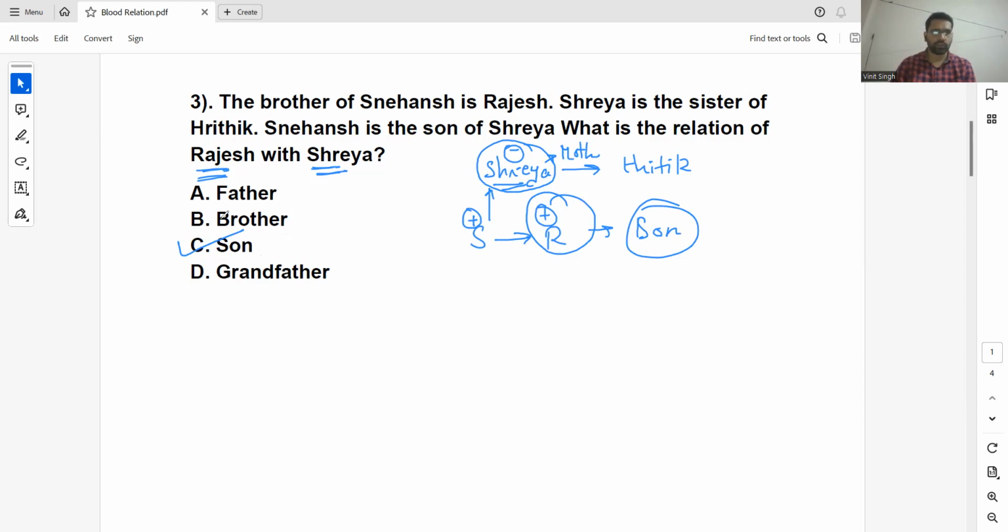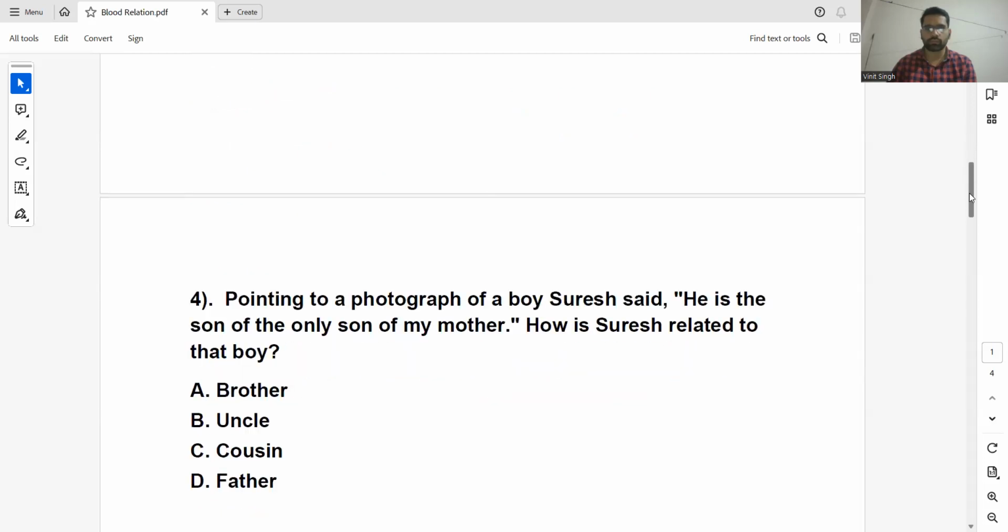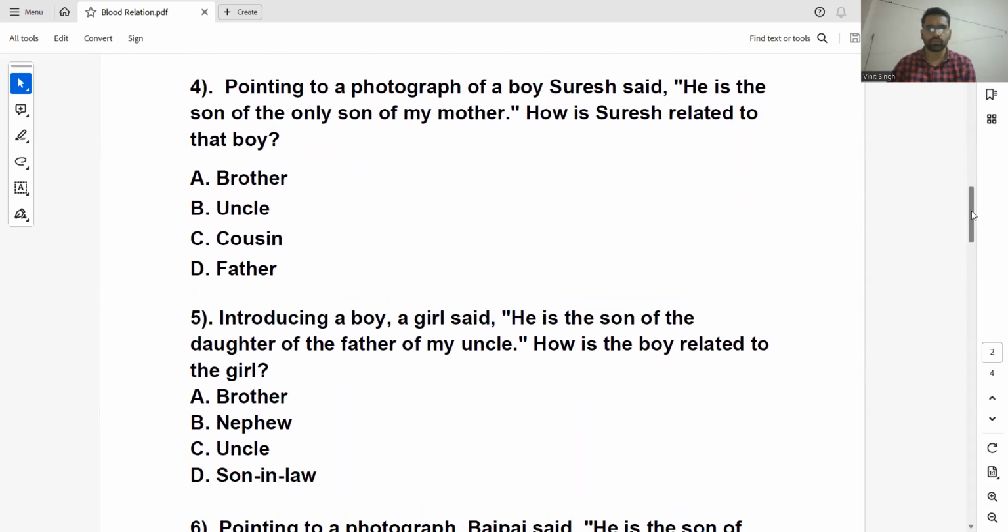Now, next question. Question number 4. Pointing to a photograph of a boy, Suresh said, "He is the son of the only son of my mother. How is Suresh related to that boy?"